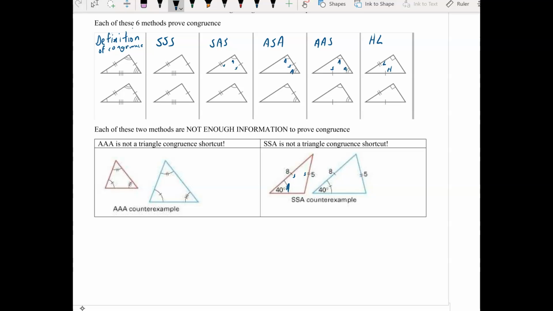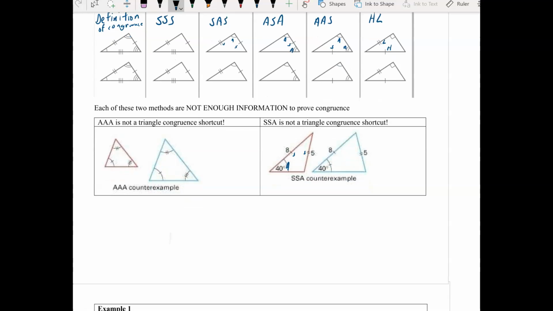It's a bad word, well, not really, it's just a donkey, but it's not a good shortcut. Unless that angle happens to be a right angle, then the side across from it is no longer just called the side, it's called the hypotenuse. The side next to it is no longer just called the side, it's called the leg. And that's the special case of SSA, which we call HL.